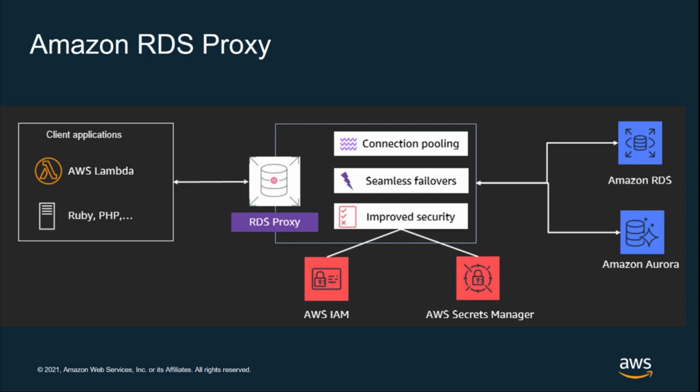RDS Proxy transforms your approach to building modern serverless applications that leverage the power and simplicity of relational databases. First, RDS Proxy enables serverless applications to scale efficiently by pooling and reusing database connections. Second, with RDS Proxy, you no longer need to handle database credentials in your Lambda code.